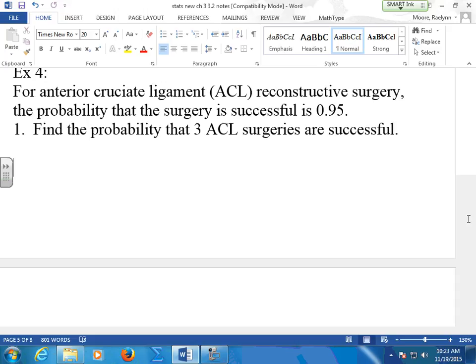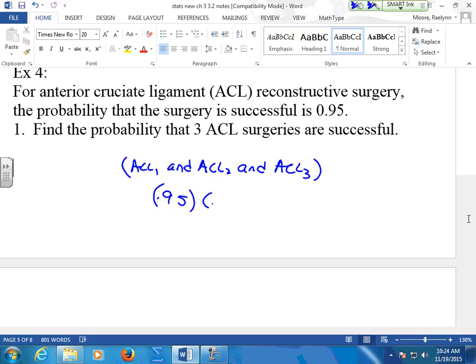Okay, find the probability that 3 ACL surgeries will be successful. So what do you think I did? Just multiply. Good. I want the probability of one success, and another success, and another success. I just subscripted, so you're going to multiply.